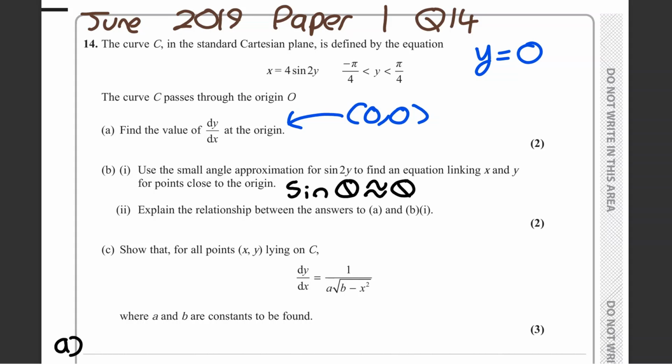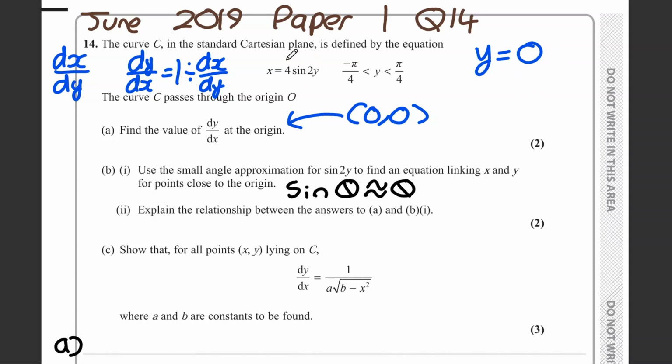So rather than doing what I just said, where we have to rearrange in order to make y the subject, what we could do instead is differentiate this here in order to get dx over dy. And remember that dy over dx is equal to 1 divided by dx over dy. We could do it this way in order to get dy over dx and then get a function involving y, and then subbing in y is equal to 0 in order to find dy over dx.